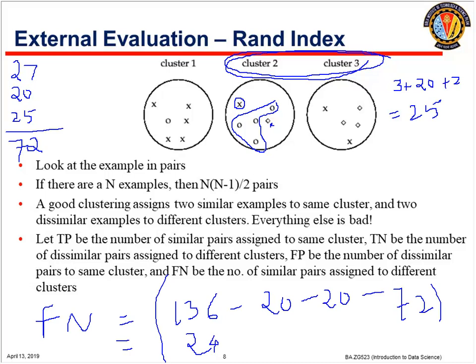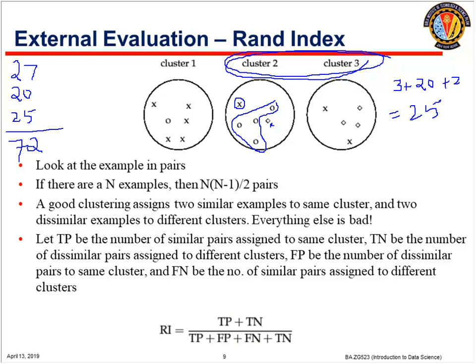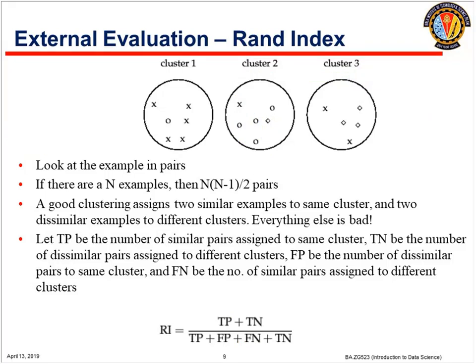Provided you have calculated everything correctly, the formula for the RAND index is TP plus TN divided by the total. Okay. So you don't have to compute the individual elements of the denominator, but you have to calculate TP and TN. If you get TP and TN correctly, the denominator is nothing but NC2, N choose 2.